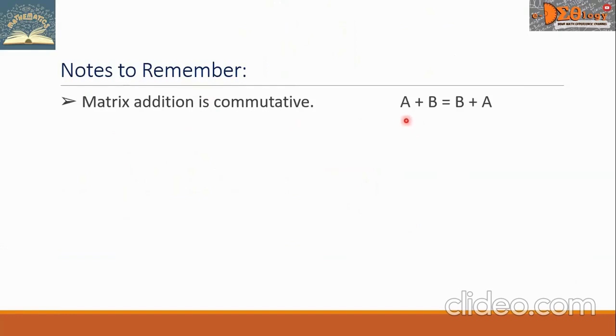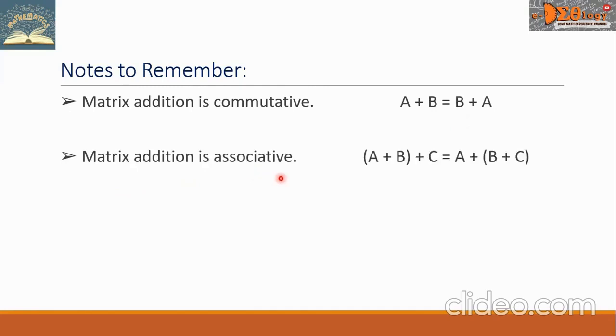There are notes to remember here. Note number 1, matrix addition is commutative. That is, the matrix A plus B is equal to B plus A. Second, matrix addition is associative.